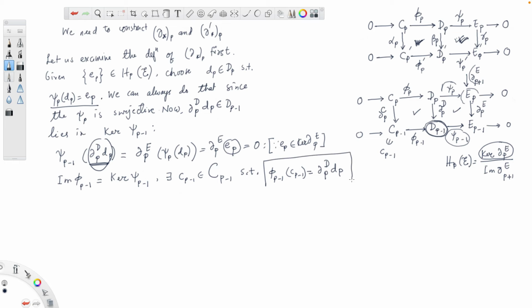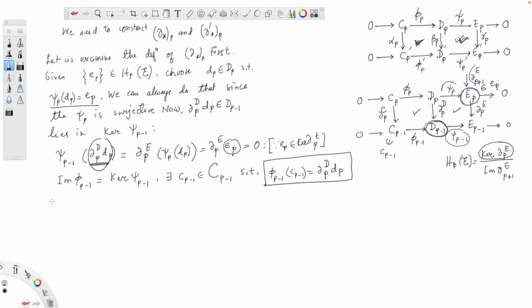This relation is important. So we started with this small e_p, an element in this group, which is a representative of the pth homology class in the chain complex E, and we ended up here.